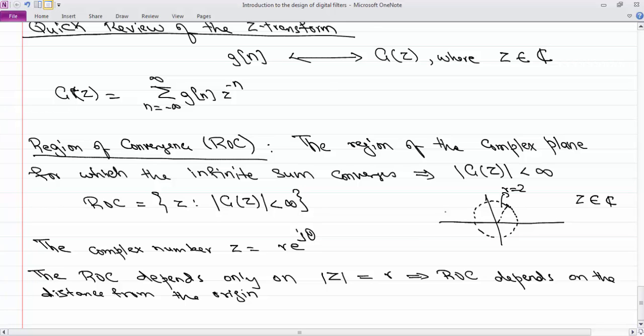The angle does not play a role in the convergence of the z transform.